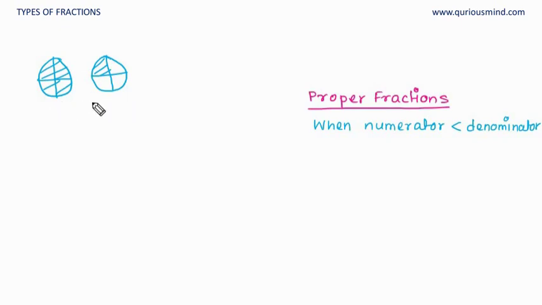So I can't count them as 4 plus 4, 8. For one whole, how many parts have I made? I have made only 4 parts. So the denominator still remains 4. But what is the numerator now? I have taken 5 parts. So the numerator now is greater than the denominator. And when such a thing happens, we call these fractions improper fractions.